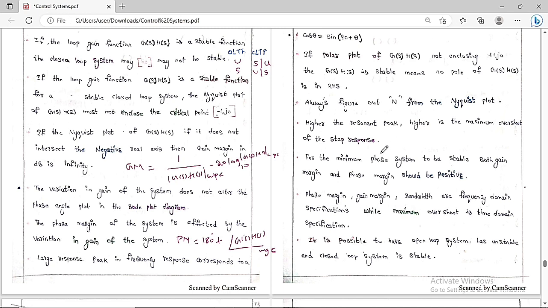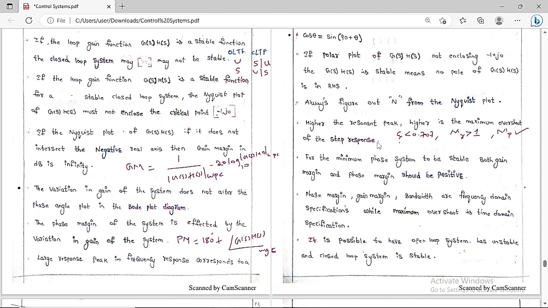The next point is, higher the resonant peak, higher is the maximum overshoot of the step response. I've already told you one important point. Whenever the zeta value is less than 0.707, then the resonant peak value is always greater than 1, and the peak quotient is also going to exist.